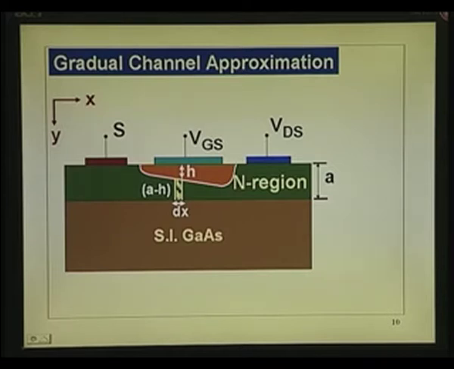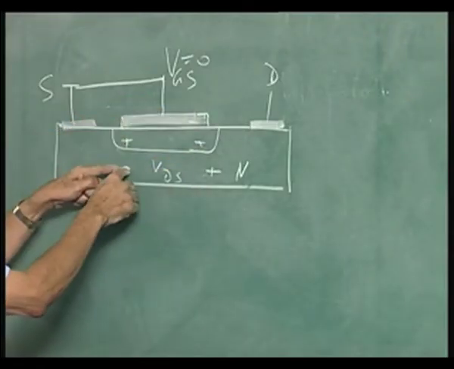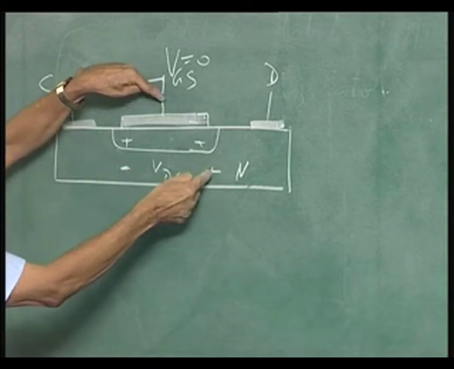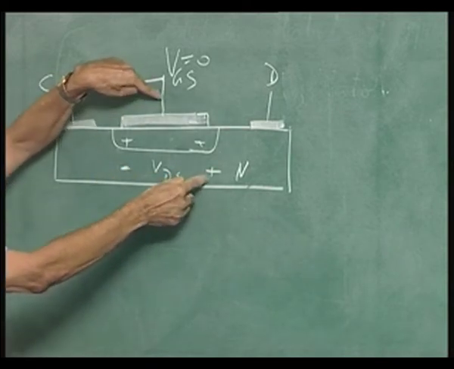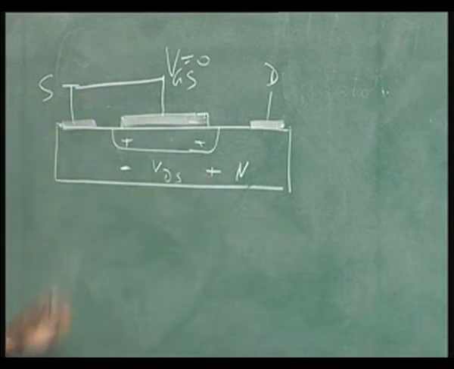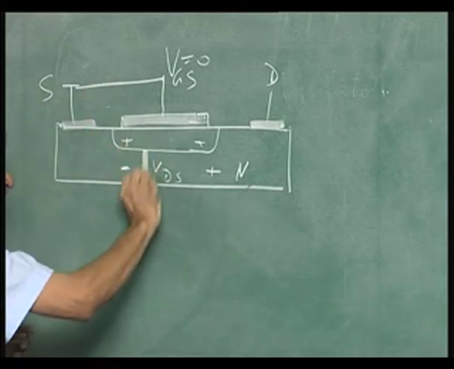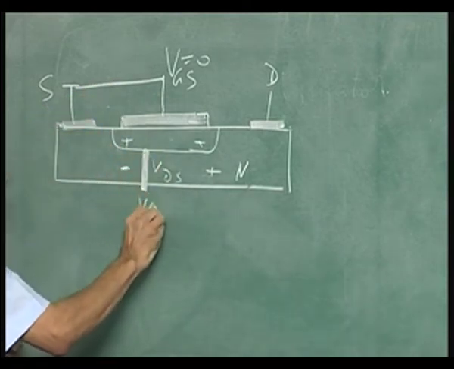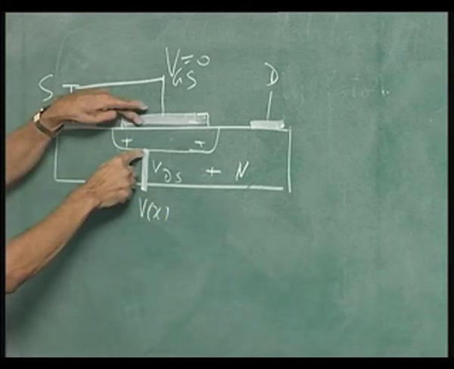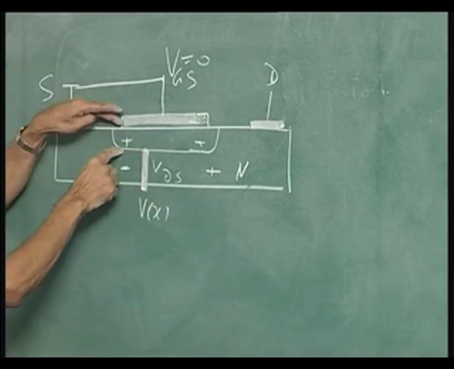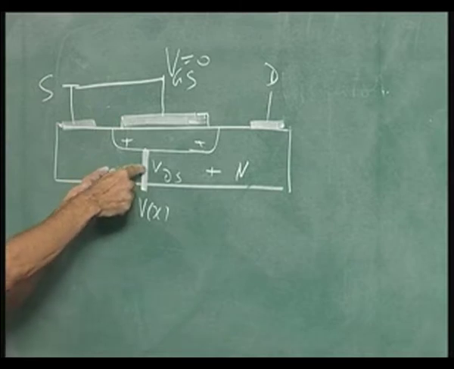Let us put this example. You take a p-n junction, and you add on potential if you reverse bias it. This is the potential, you connect it to that, and it is as if you applied this voltage across that additionally. So built-in potential plus VDS comes in there. If you take any point here, if this is V of x, the potential drop here is equal to VBI plus V of x.